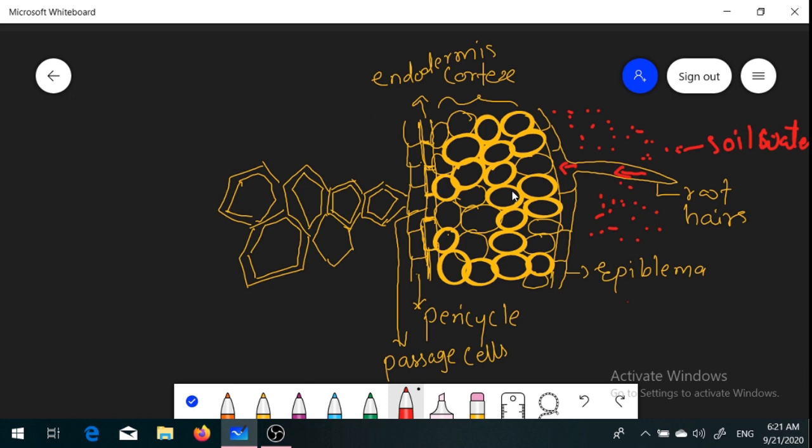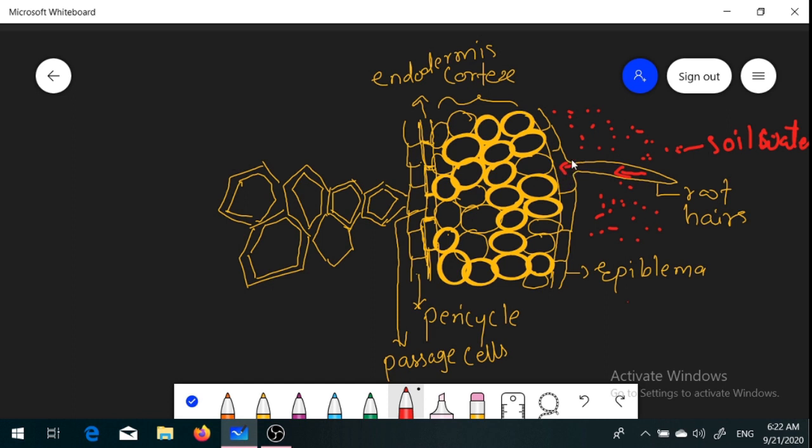The soil water has less osmotic pressure and these epiblema cells have a high osmotic potential, or high osmotic pressure. So water is absorbed by the root hairs, or we can say in a simple way that this soil water is a low concentrated solution and the cell plasma of these root hairs has a high concentrated solution.